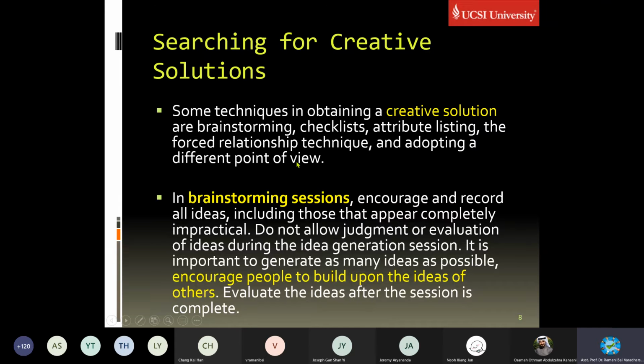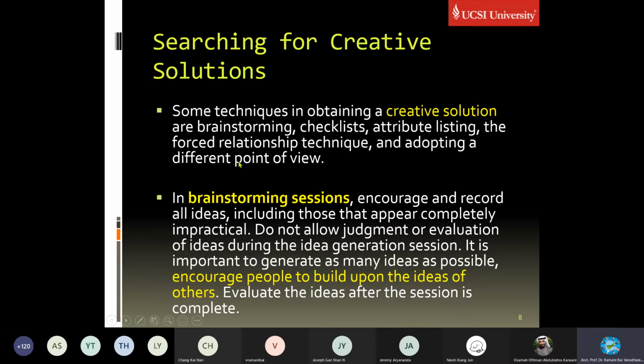The forced relationship: just now I said most of the problems in reality, in practice, are non-linear and uncertain. In that case, you can use the forced relationship technique. You can forcefully say some of the variables are not changing, constant, normal. You forcefully make them constant or make the relationship smooth, not varying, then you can have a solution.